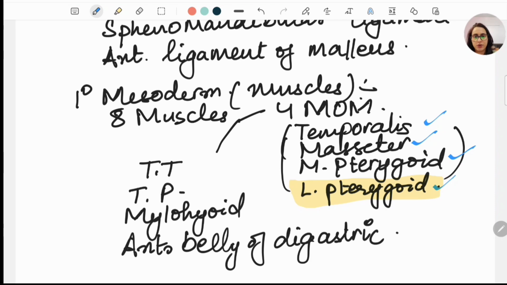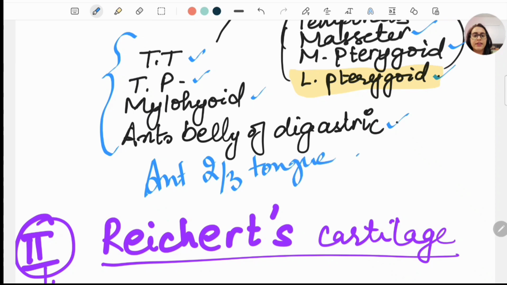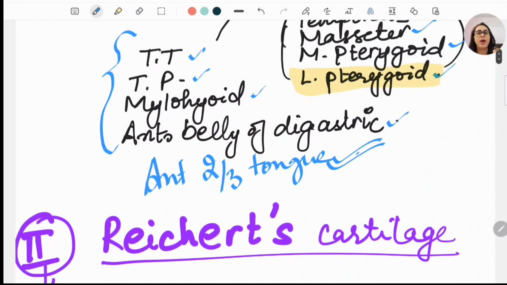The other 4 muscles of the first pharyngeal arch are tensor tympani, tensor veli palatini, mylohyoid and the anterior belly of digastric. Also remember that the anterior 2/3 of the tongue is supplied by the first pharyngeal arch. When we talk about taste supply of the anterior 2/3 of the tongue, it is via the chorda tympani branch of the facial nerve, which is a pretrematic branch of the first pharyngeal arch.